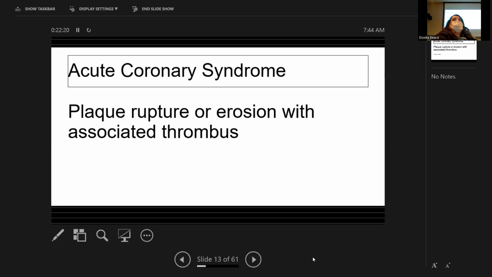If you talk to even STEMI patients at home, they often have been having some symptoms before their STEMI occurs. They have had a couple of days of intermittent pain, some unstable symptoms. They sort of blow it off, and then they come in with their STEMI. So acute coronary syndrome, in its true definition, is unstable plaque that is causing symptoms.